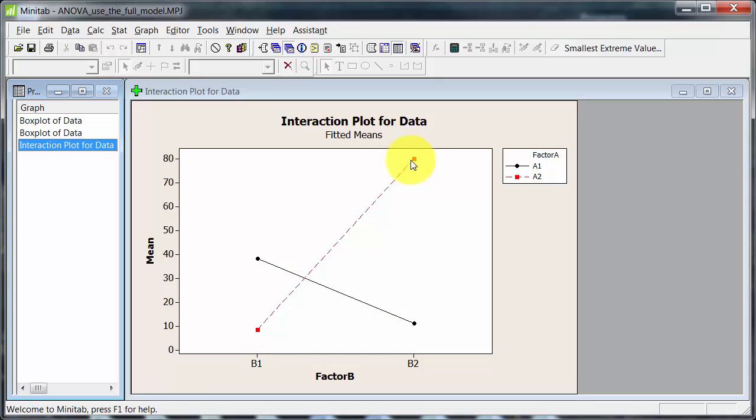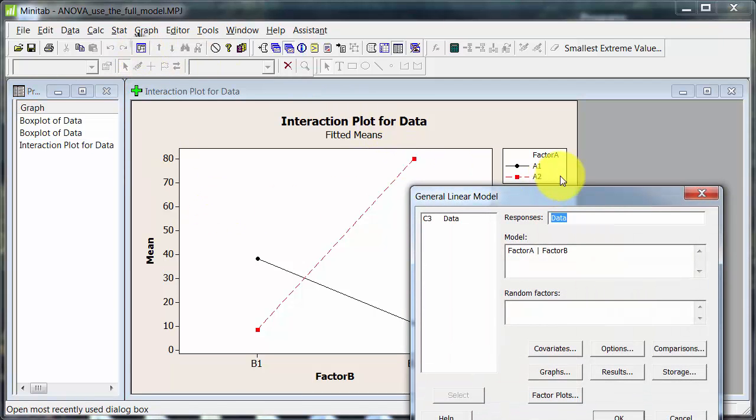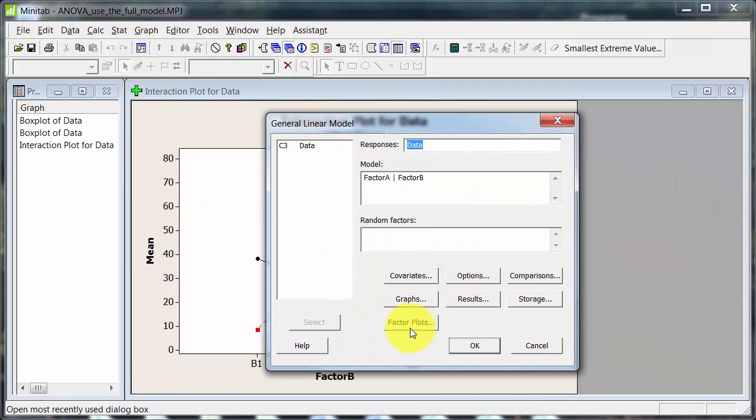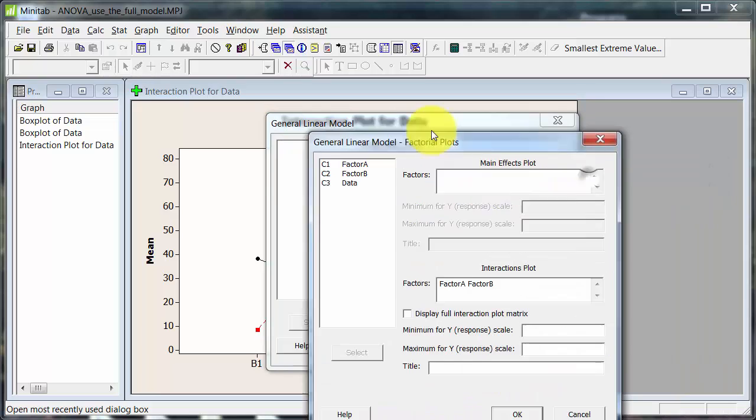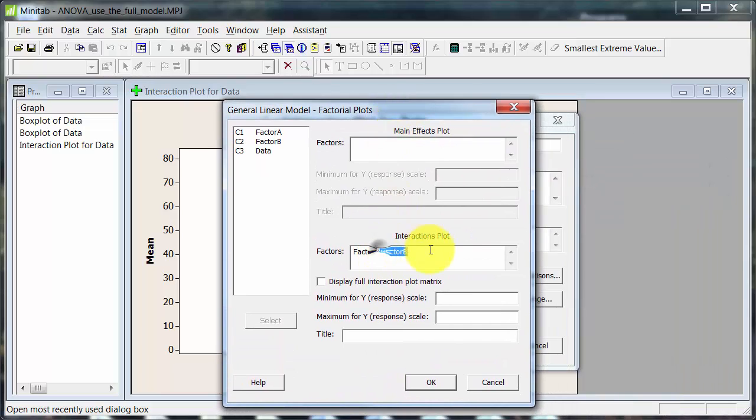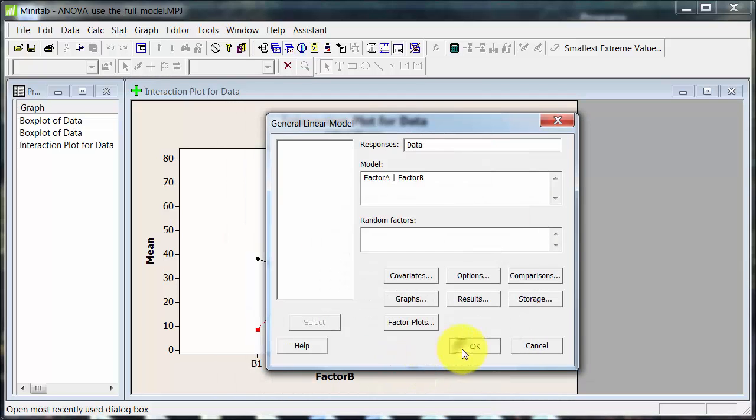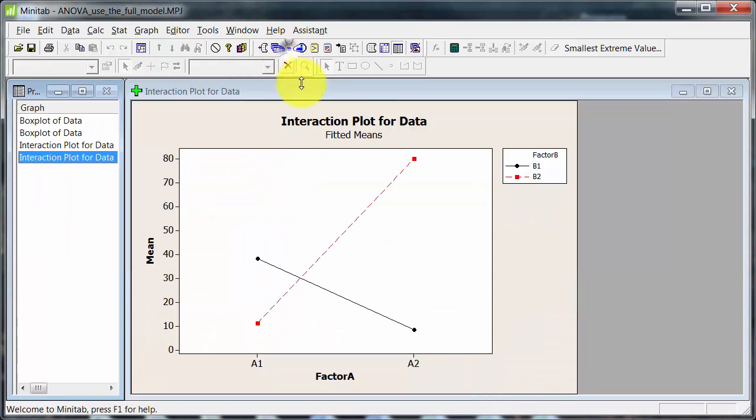If we plot the interaction plot the other way around, now we're looking at level B. For B1, A1 again is larger than A2, but for B2, A1 is less than A2.